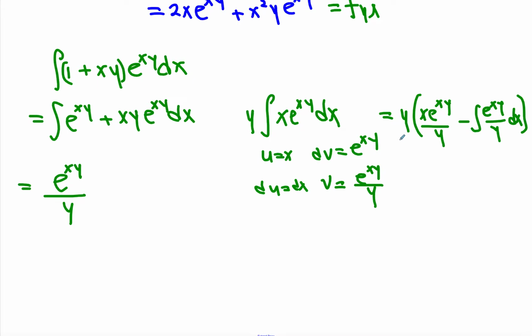Then this y would cancel away with this one, so I'm left with x e to the xy. When you take the integral of this one, another y goes to the denominator, but y will cancel away. So we have minus e to the xy over y, and then not plus c, but plus a function, let me call it g of y, including the constant here. So these two things cancel away.